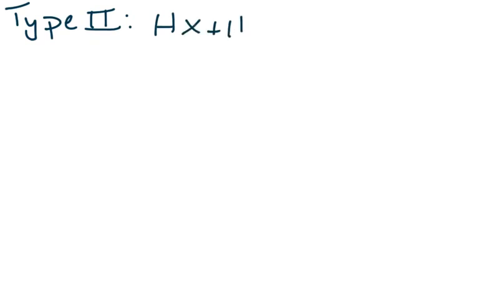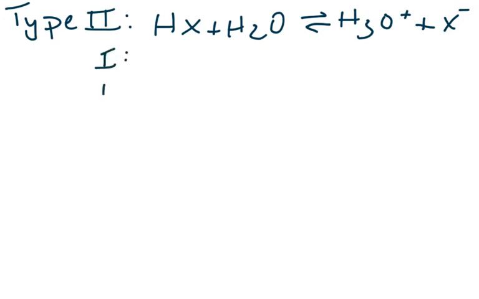Now moving on to type 2, we write out our equation, like always. Now remember, HX is just any acid, not a specific one. And we do our initial and our final.